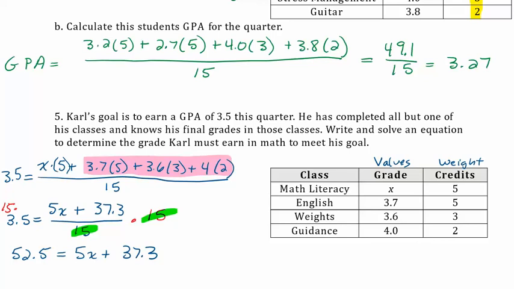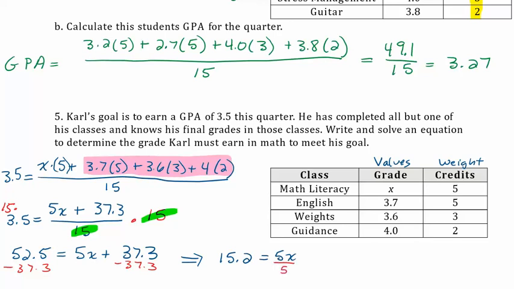Now I think most of you can solve it from here, but let's just go ahead and do it out. So 52.5 minus 37.3 is 15.2. So now we have 15.2 equals 5x.